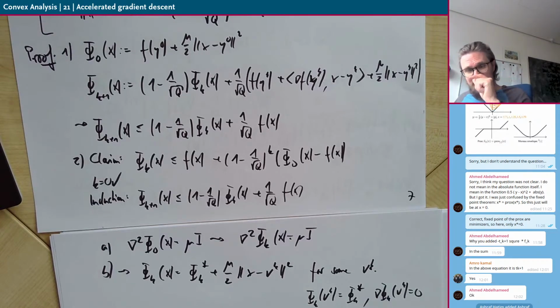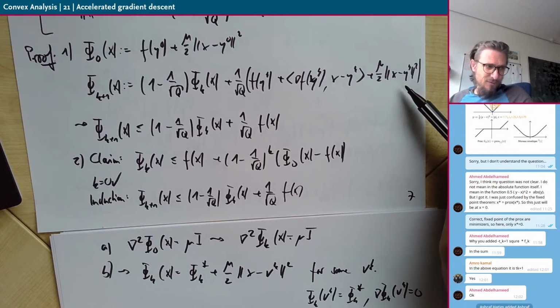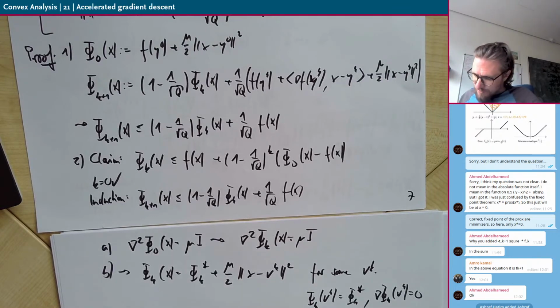Taking the derivative and setting it to 0, you get a recursion for vk. So vk plus 1 will be 1 minus 1 over square root of q times vk plus 1 over square root of q times yk minus, and here a little rearranging gives you, 1 over mu times square root of q gradient f of yk.